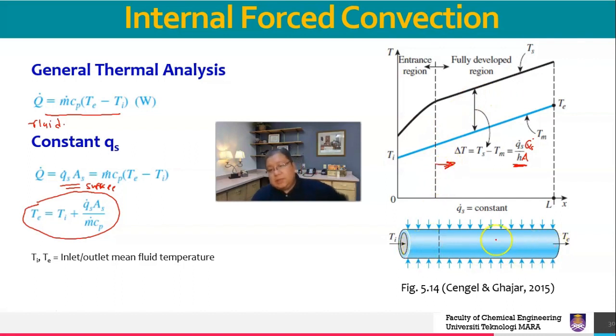If you look at this cylindrical pipe, from this point the surface temperature and the fluid temperature move together with a constant distance. This distance is basically Ts minus Tm, where Tm is the mean temperature of the fluid at that point.